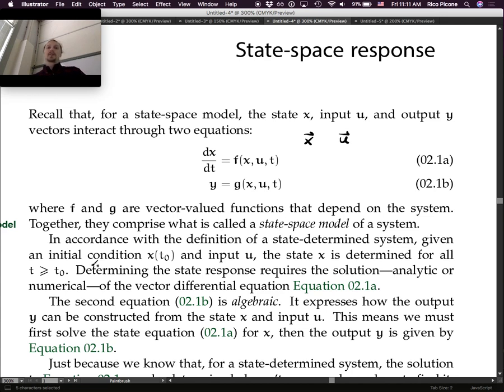Okay, so the second equation, let's see. In accordance with the definition of a state-determined system, given an initial condition, so that is the state at some initial time t naught, and input u, the state x is determined for all time greater than or equal to t naught. Determining the state response requires the solution, analytic or numerical, of the vector differential equation 2.1a.